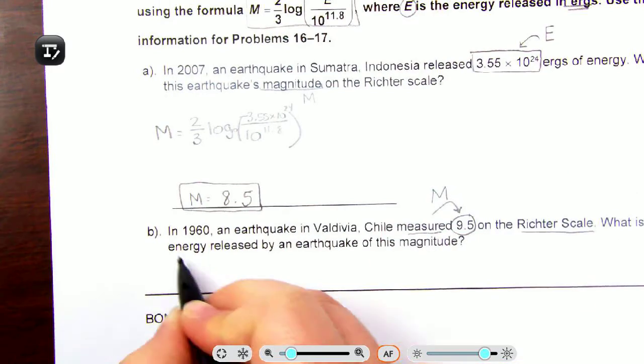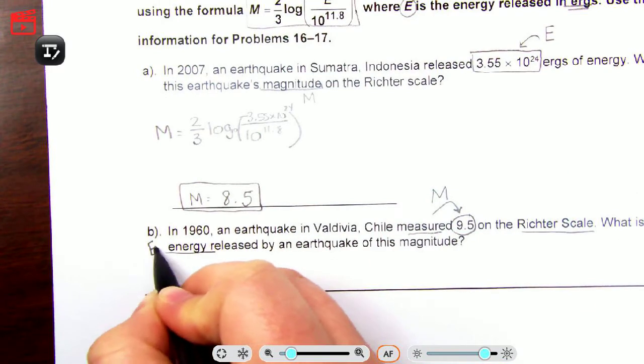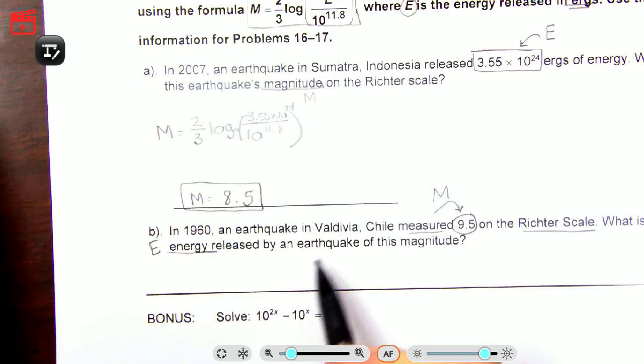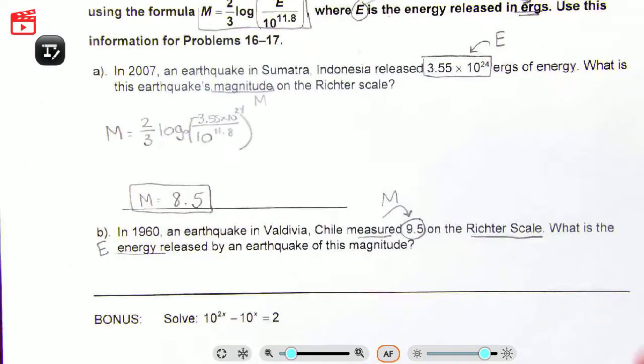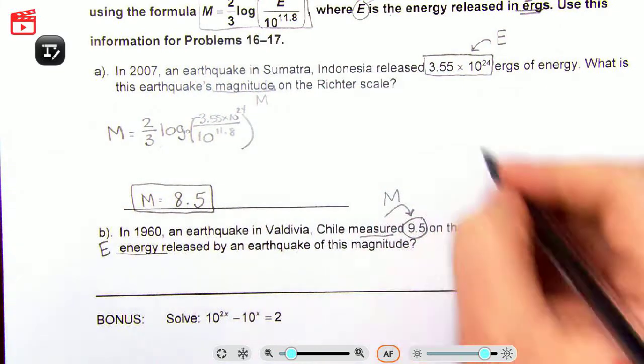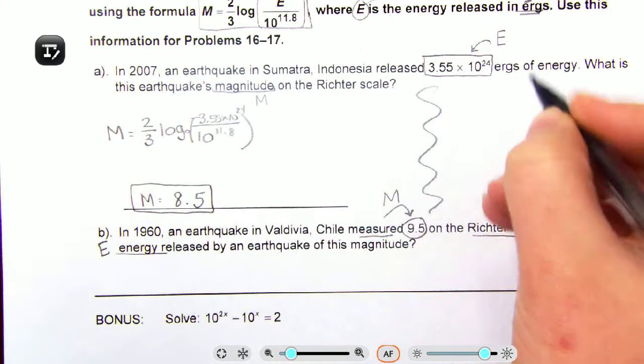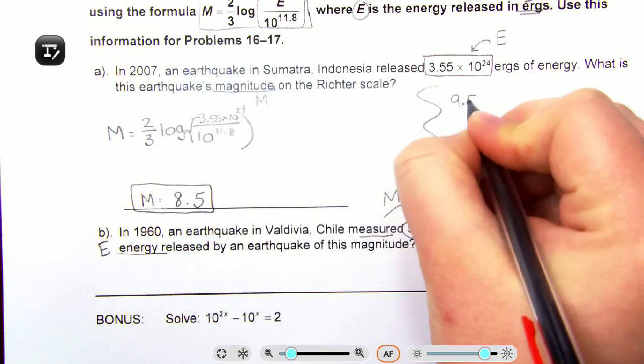What is the energy? Energy we said is capital E in ergs by the earthquake of this magnitude. Okay, so that means I'm going to work here. So we know that is 9.5 in magnitude.